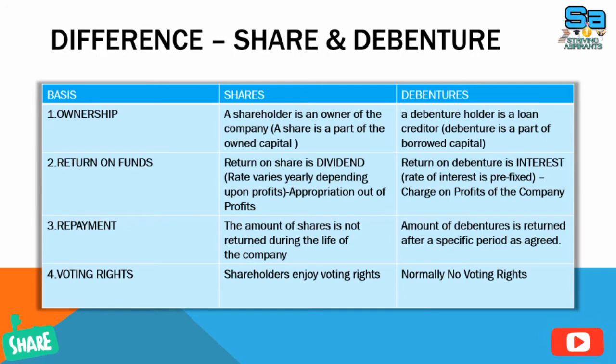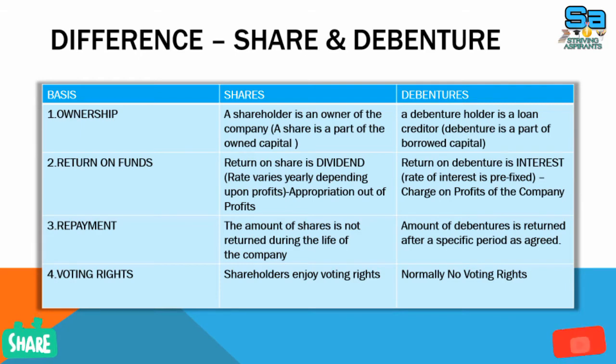Second point is on the basis of return of funds. The shareholders will be getting a return called dividend. The rate will be varying yearly depending upon the profits of the company. So the shareholders will be getting the dividend if there is enough profit for the company. So it is called appropriation out of profits.